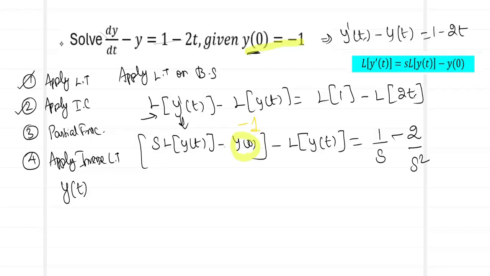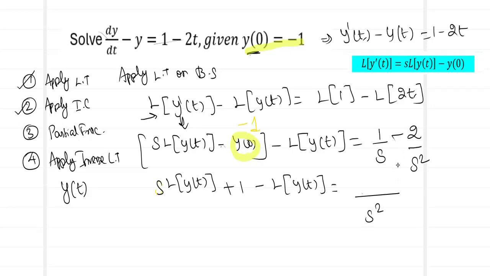So when I expand it, what will happen now? I will have this as s into Laplace of y of t, and the second term becomes minus of minus 1, so it is plus 1, and now this gives me minus Laplace of y of t is equal to, let me take my LCM over here as s square. So s is missing, so this becomes s minus 2.